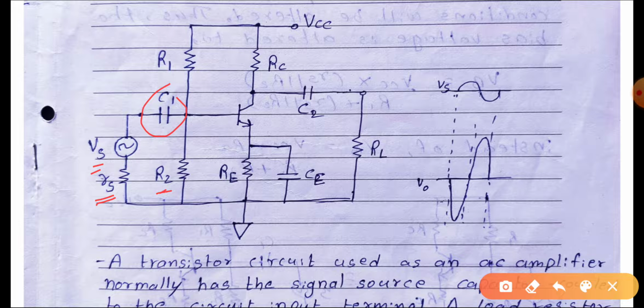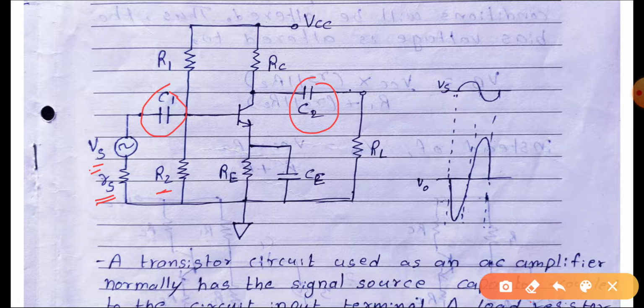So this capacitor C1 or C2 is used to isolate the amplifier circuit from the input signal or output signal. Here you can see C2 is used to isolate the amplifier circuit from the load or the next stage.